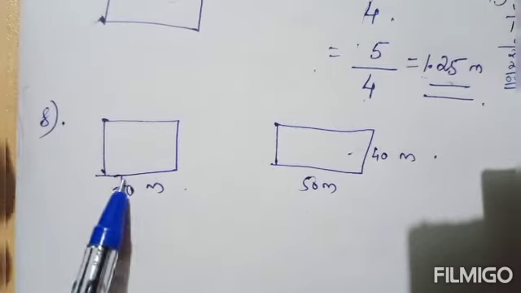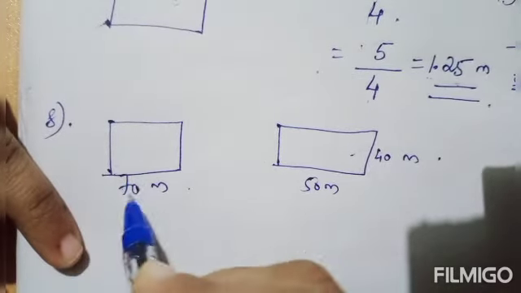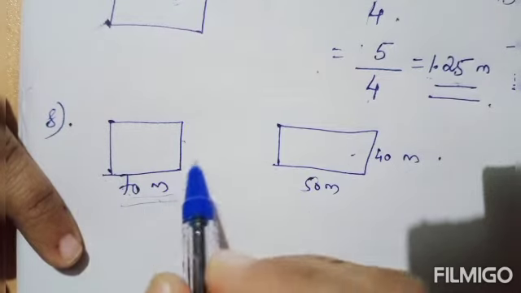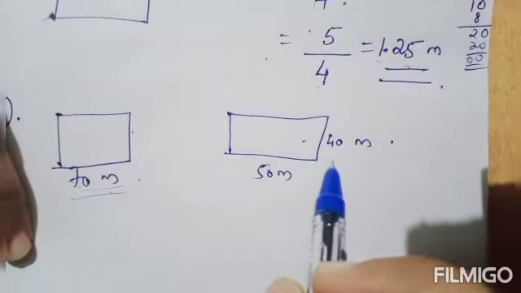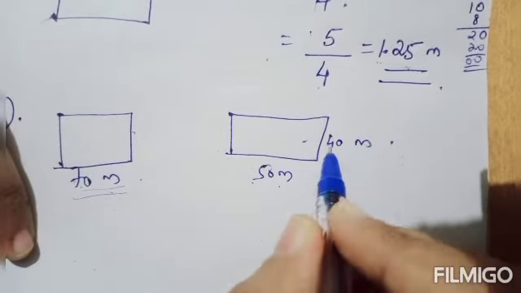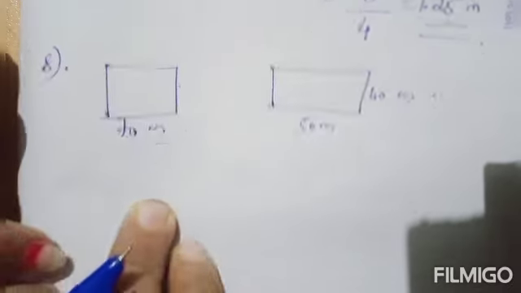So there is a square field, its each side is 70 meter, that means all sides are 70 meter in length. Now there is a rectangular field, its length is 50 meter and breadth is 40 meter. You have to find which field has greater perimeter.